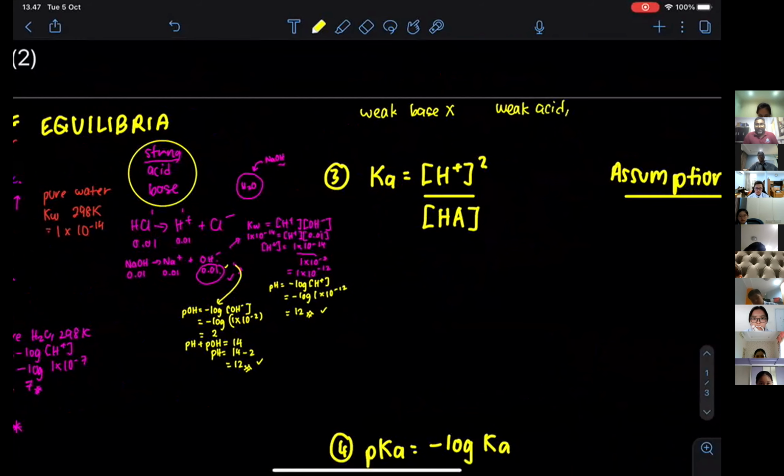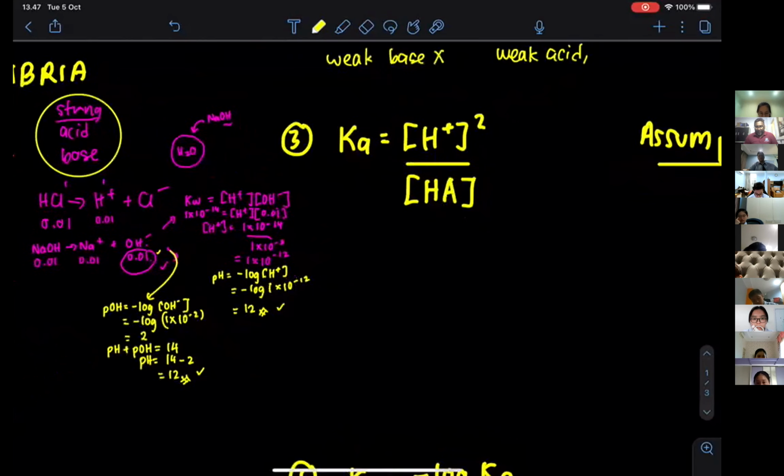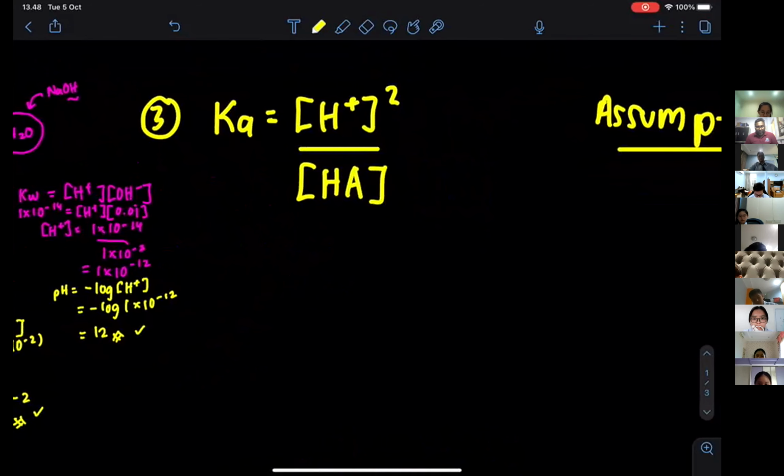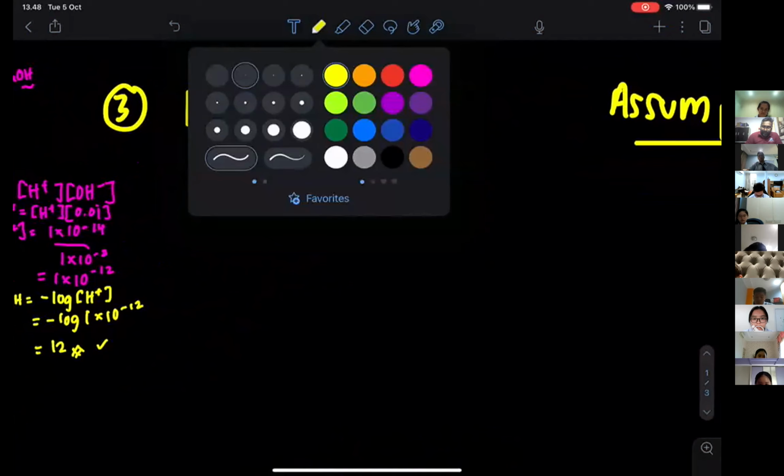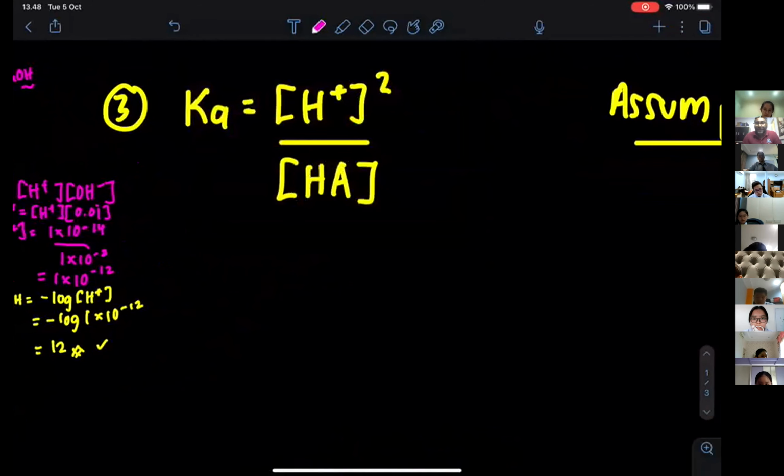And for this weak acid, the formula that we need to know is going to be this formula, and I'm going to show you how we can come up with it. If you have a weak acid, we write it as HA. Then they have a reversible reaction to give you H plus and A minus, partially dissociated.